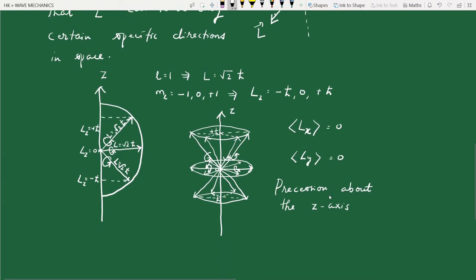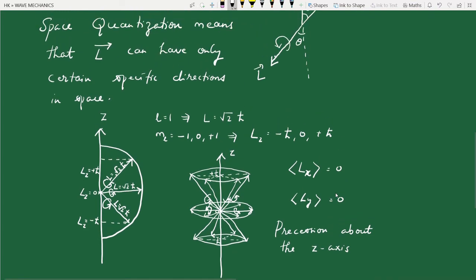This is a consequence of space quantization. In space quantization, only one component of the angular momentum vector is quantized, and this component is conventionally named the z component. It's only a convention. The idea is that only one component is quantized, and we choose that single quantized component as the z component.